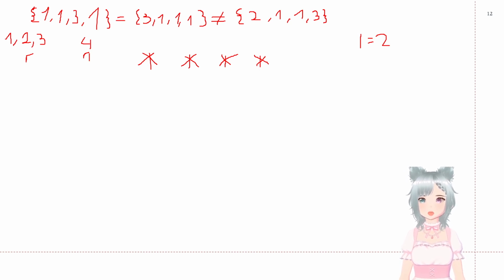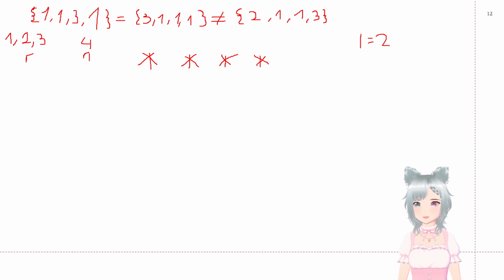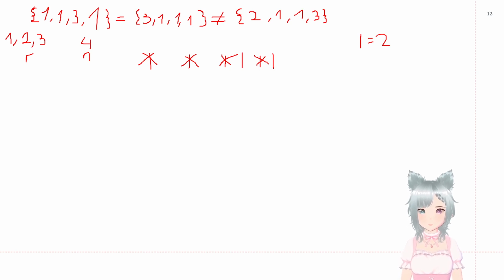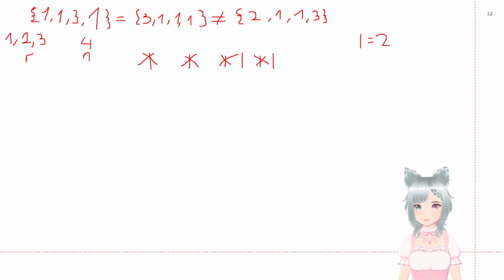And we can now put them into any position where we want. So we can, for example, put in a bracket here, and one bracket here. And now you see we kind of divided it in two different parts.